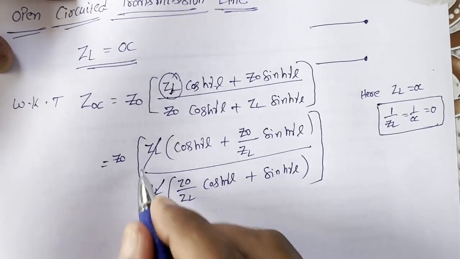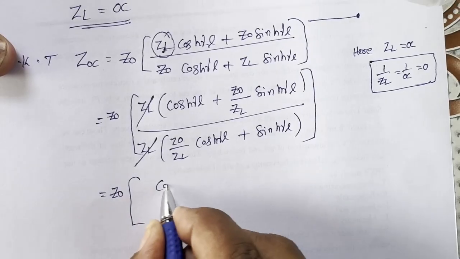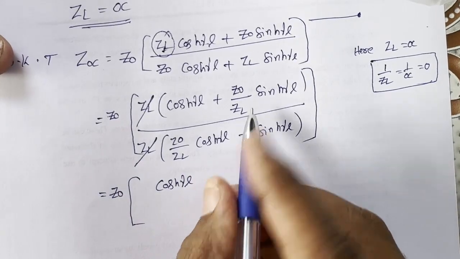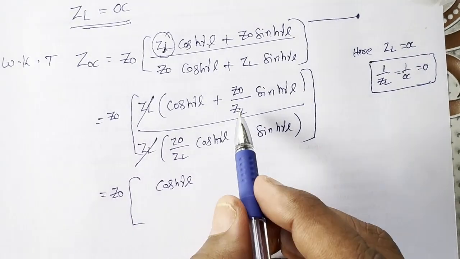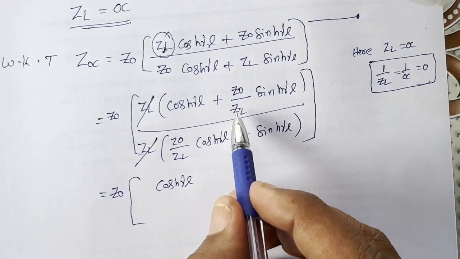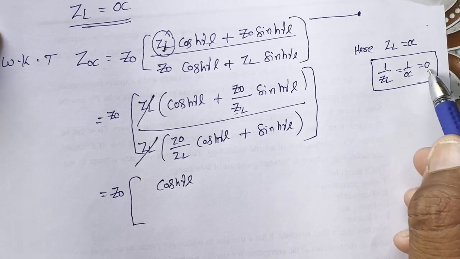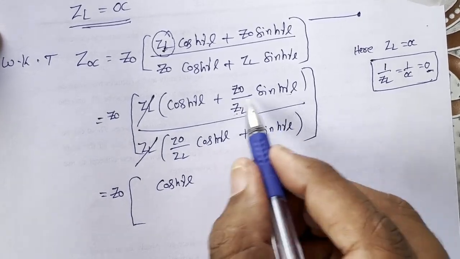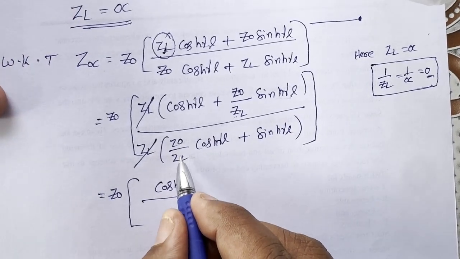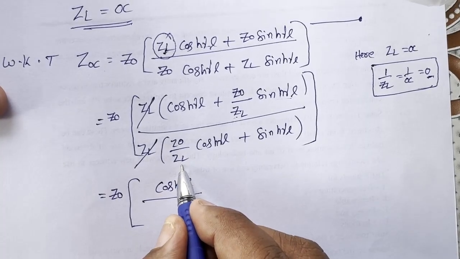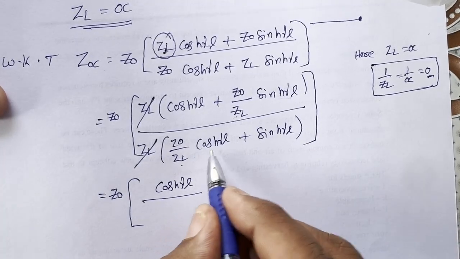Now this ZL will get cancelled. That equals Z0 into cosh gamma L, and look at here Z0 by ZL. Here the value of ZL is infinity, so 1 by infinity is 0. So this term will become 0. That means Z0 by infinity, 1 by infinity, will become 0, so this entire term will become 0.